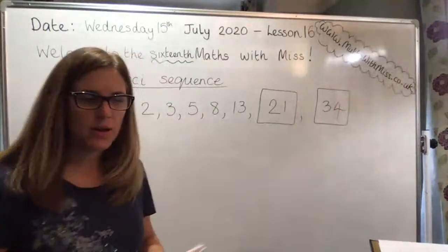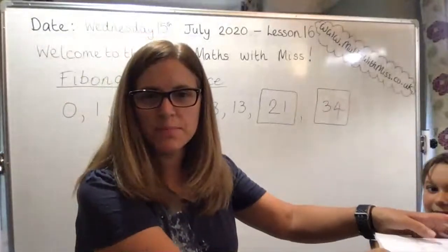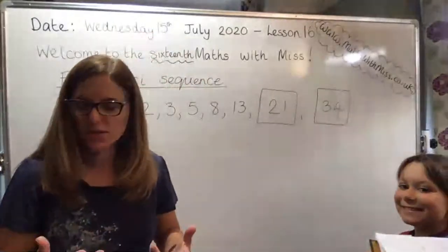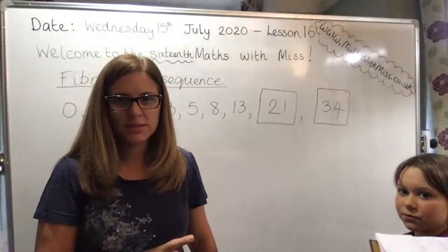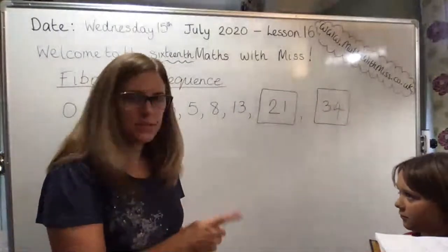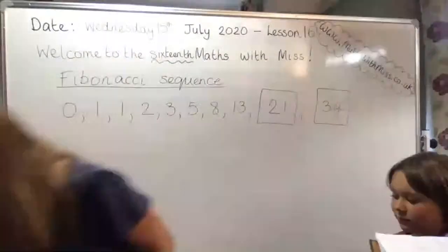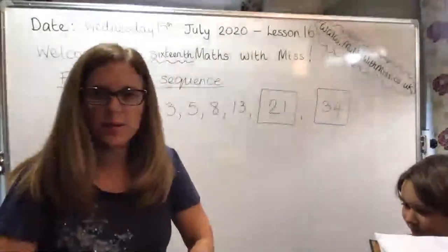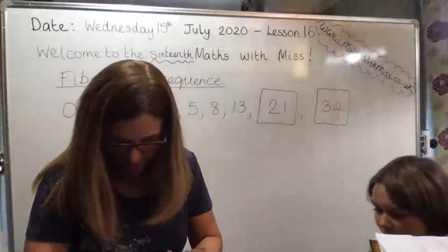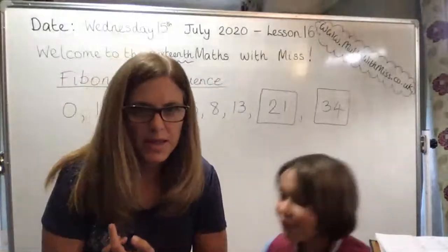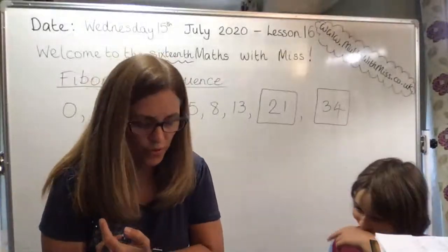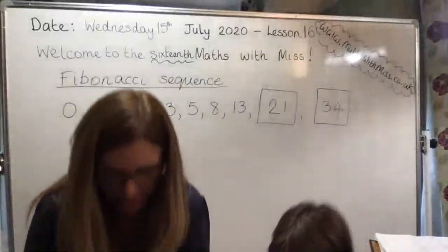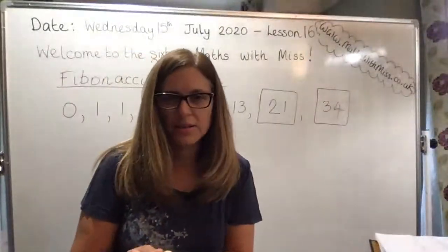Okay, and the Fibonacci sequence is a really special number sequence because it appears in nature. And as Rose just said, snails or shells, seashells. So if I was in the classroom and I was teaching you lot, this is what I would do. When I go to the beach, I collect shells.